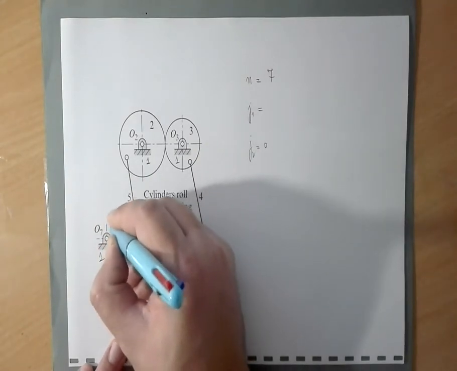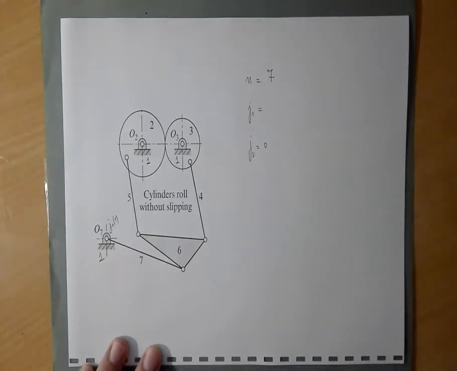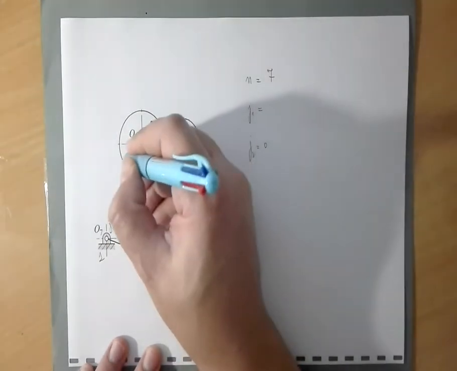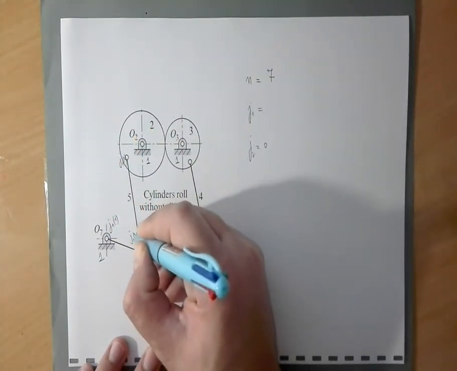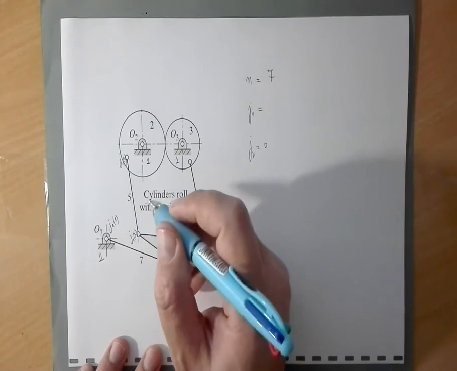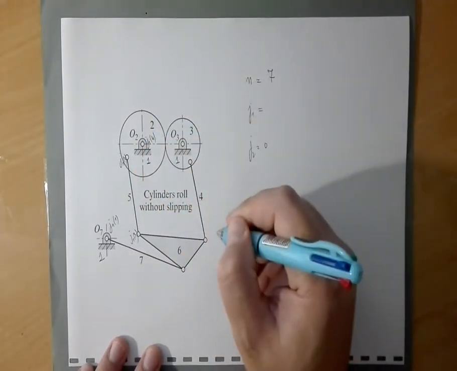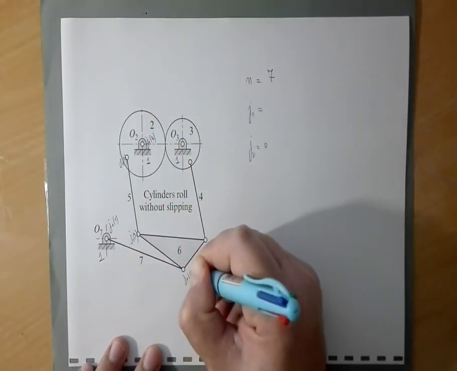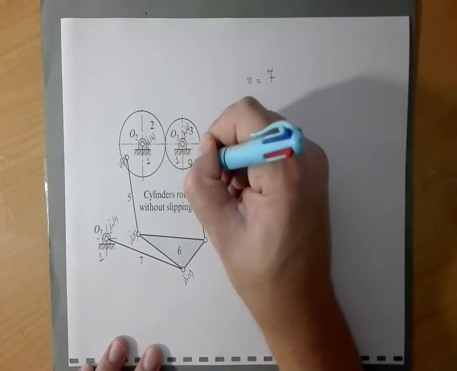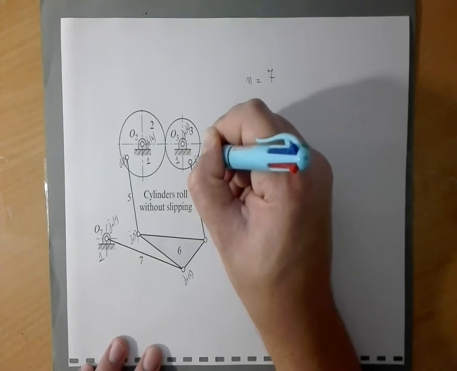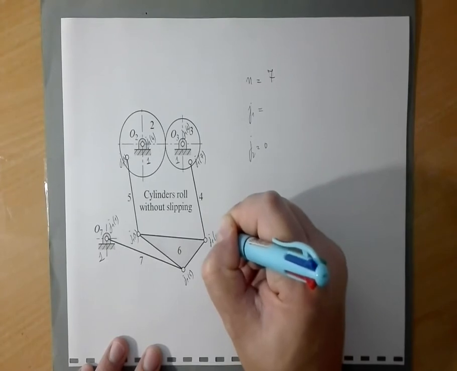So this is j1 1, and this is j1 2, this is j1 3, this is j1 4, this is j1 5, this is j1 6, this is j1 7, this is j1 8.